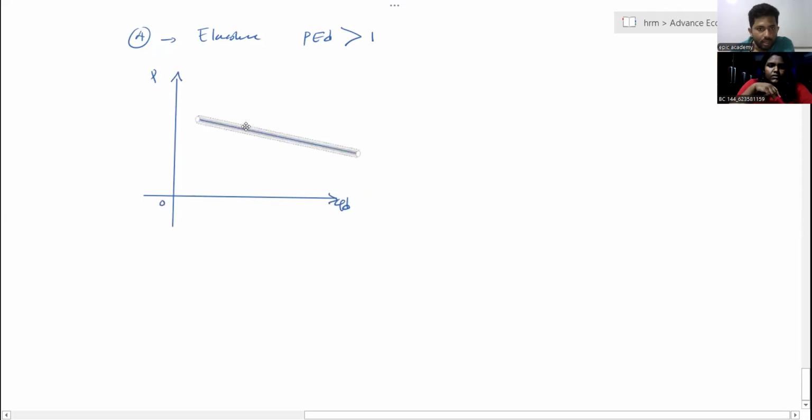I will point out two points: this is A and this is B. It's a straight line, sir? Yes, it is a straight line, but different from the other curves.